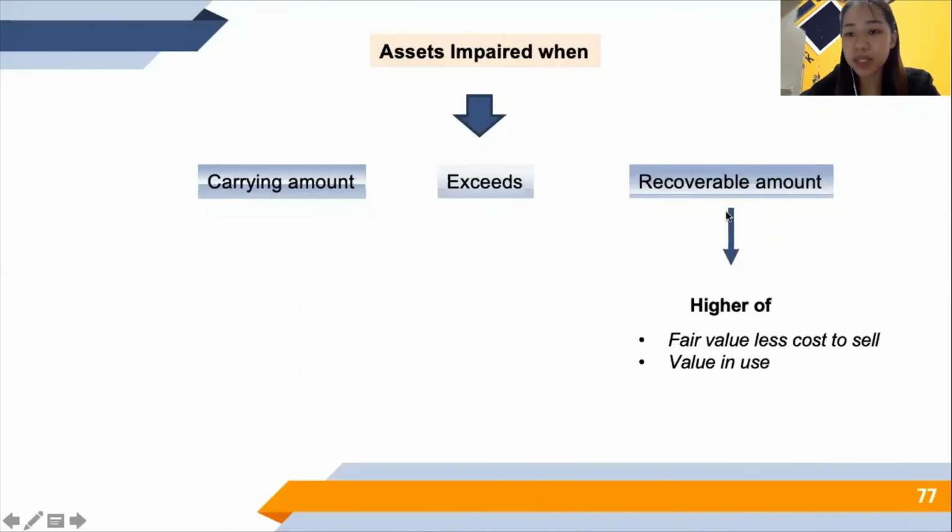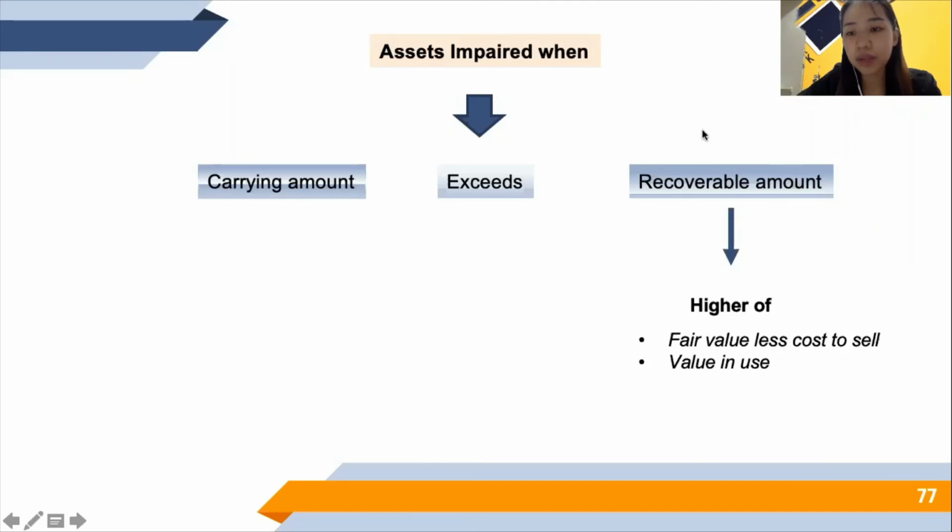At kung sakaling mas mababa naman yung recoverable amount natin compare sa carrying amount, ibig sabihin it is impaired. Kasi nga, imagine, yung nirecord mo sa carrying amount ng investment mo is mababa na pala sa mare-recover mo. Kung kaya't, impaired na yung asset, that's why kailangan natin bawasan ang investment account.